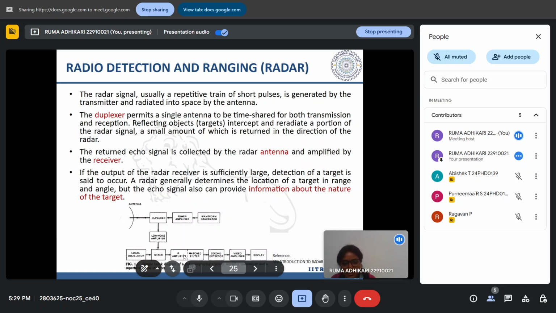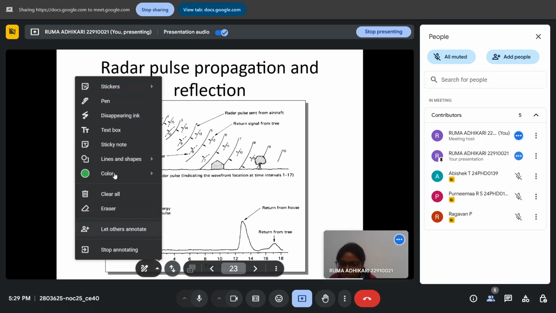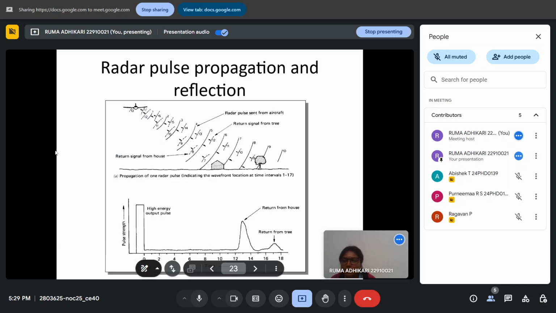And matched filter, as I showed you, suppose we consider how a wave is reacting. Suppose one wave is going, transmitted. I will try to show again.